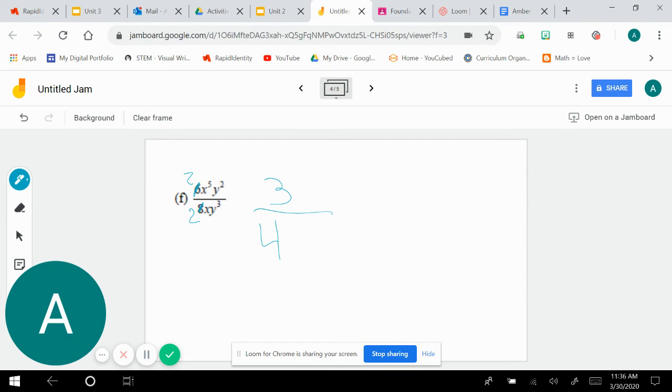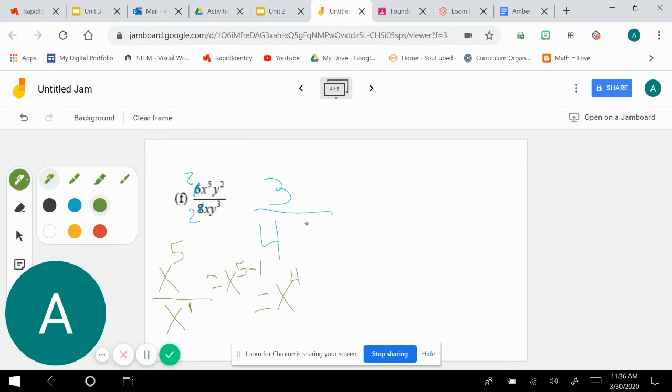Now I'm going to do the same thing with the exponents, but remember when we divide, we got to subtract the exponents. So I'm going to do the x's first. So I have x to the 5th on the top, and x on the bottom, so that means it's a 1. And what that means is I'm going to subtract, so I'm going to do 5 minus 1, which is 4. So my x is going to be 4.